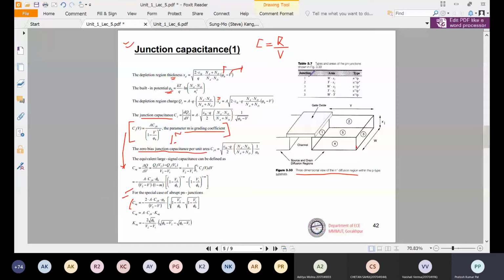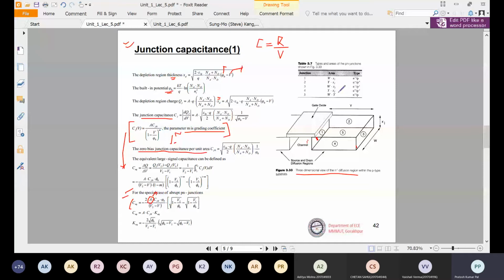This area will be calculated for each face of the side, so at the PN junction we need to find out the area.